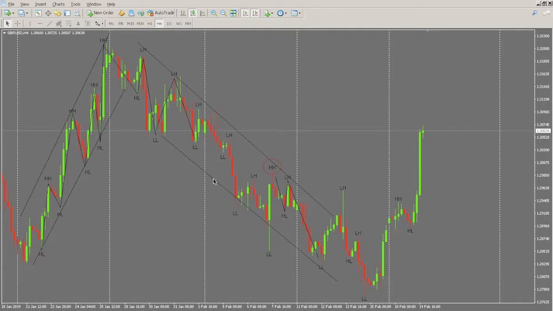So now if you draw the trend line, you can get the idea that the market is still going down.